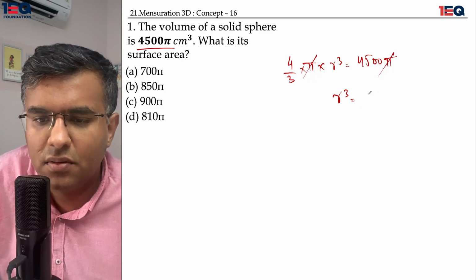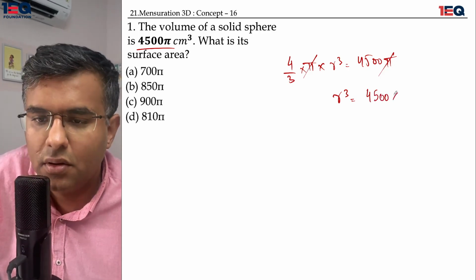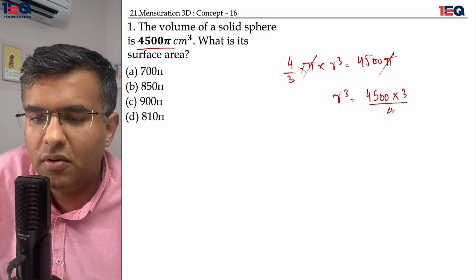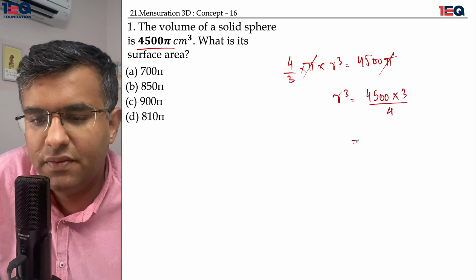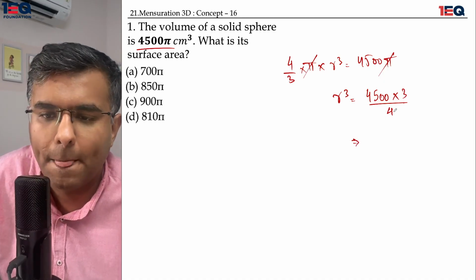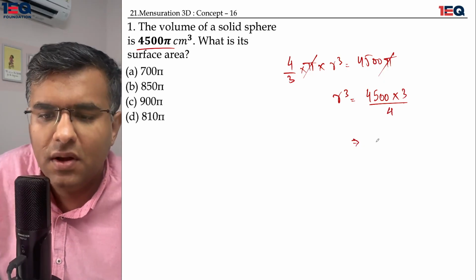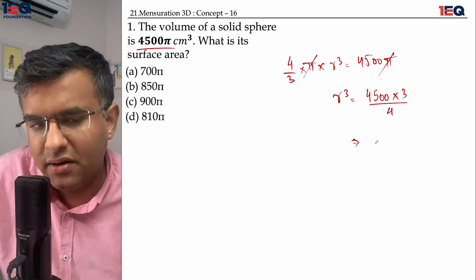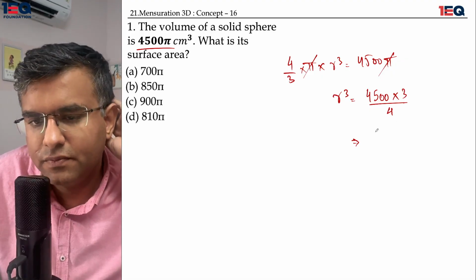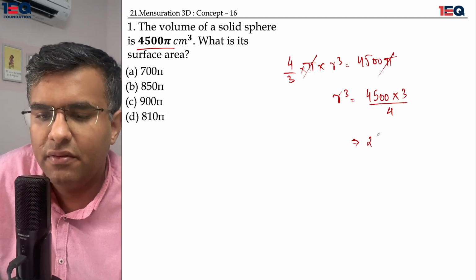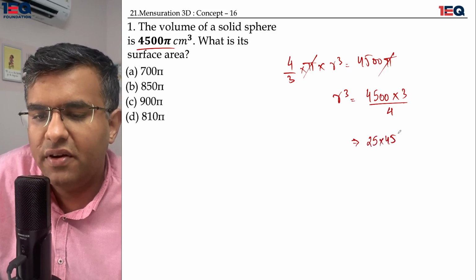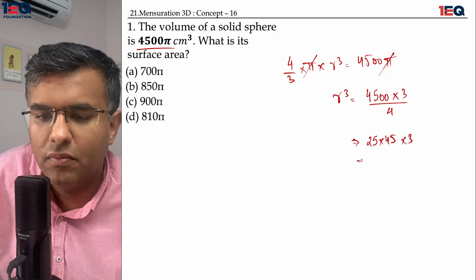Solid sphere. 4500 into 3 whole upon 4. This is what we're looking at. 2 to 5 into 3. I'll have to factorize it in a manner where I can get some benefit out of it. I would get 25 into 45 into 3.